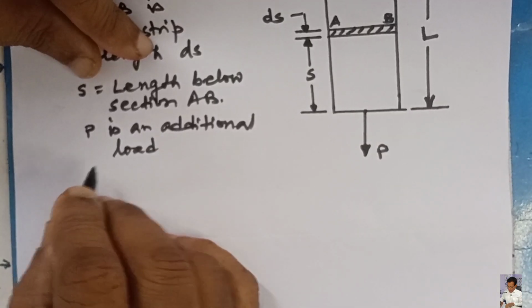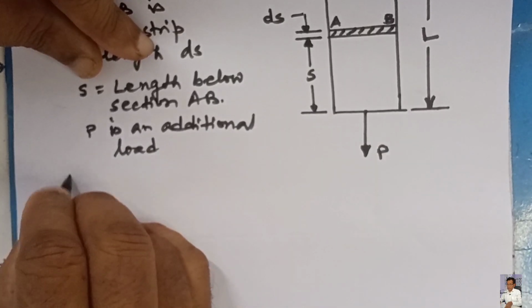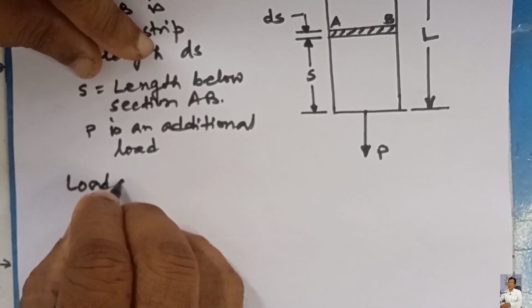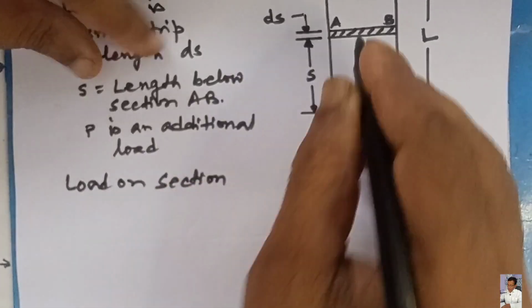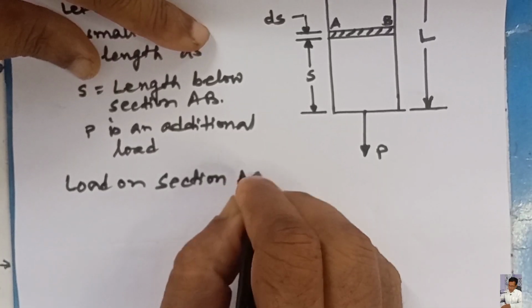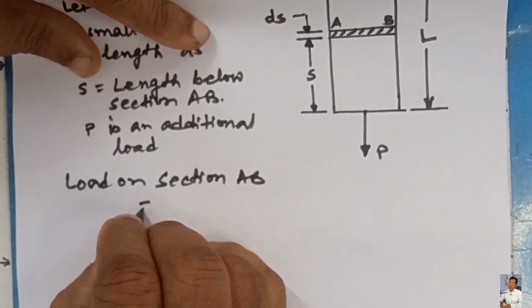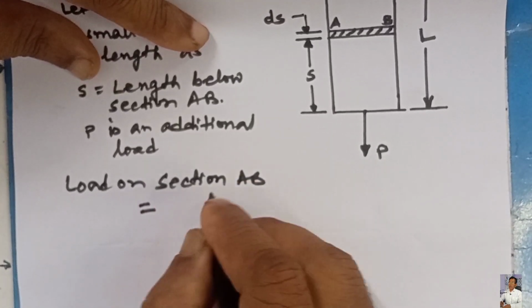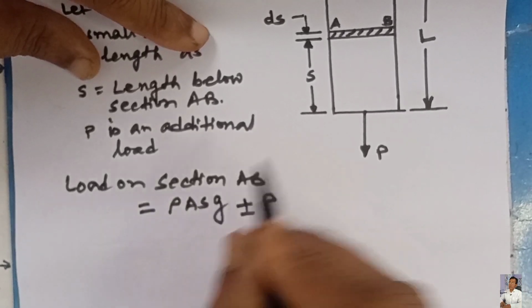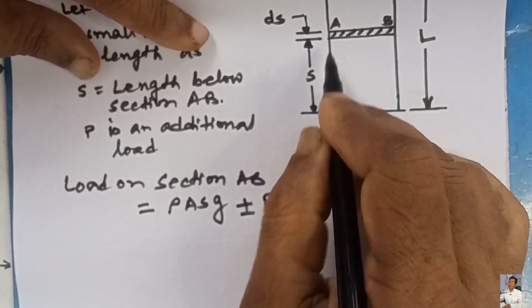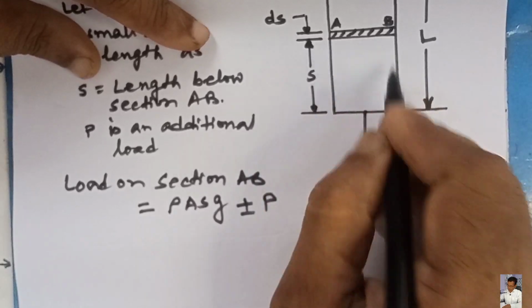Load on section AB is equal to rho A S G, the weight of this portion.